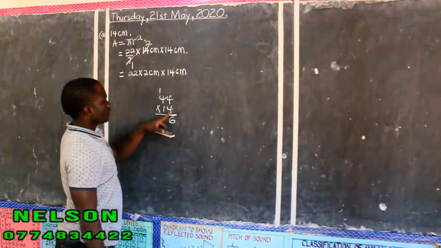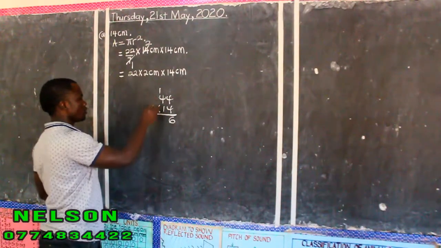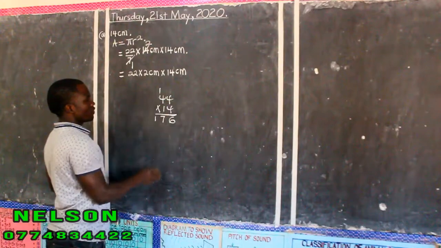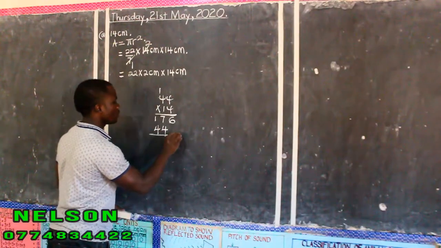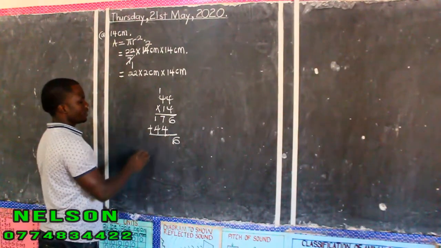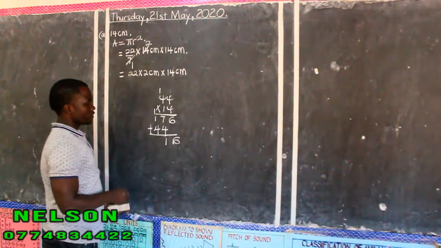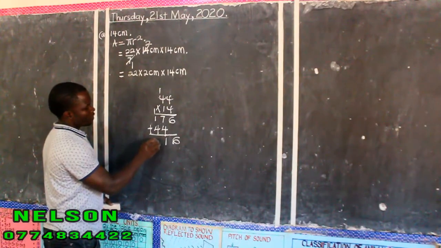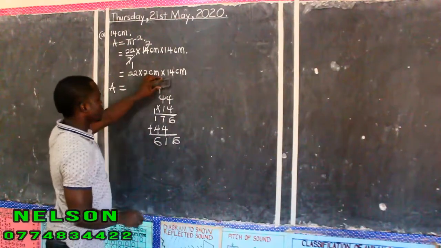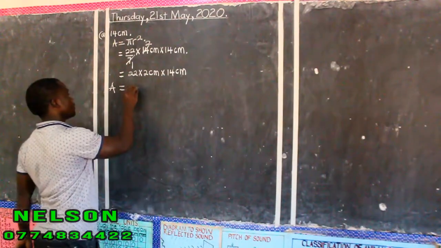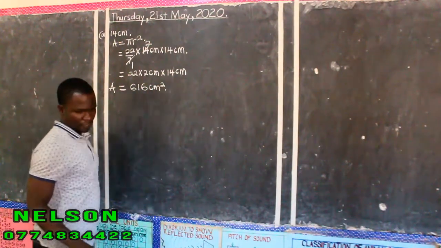Write 6 and carry 1. 4 times 4, 16 plus 1, 17. 1 times 4 is 4. 1 times 4 is also 4. This is 6. What do you get here? This is 11. Write 1, carry 1. 1 plus 1 is 2. 2 plus 4, we have 6. So the area of the circle whose radius is 14 centimeters is 616 square centimeters.